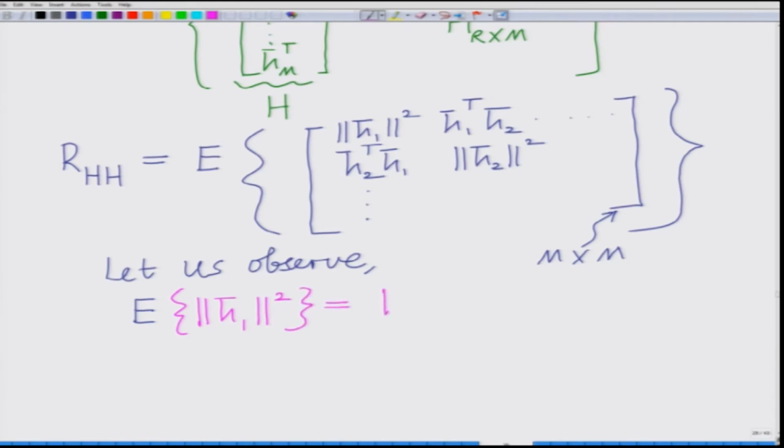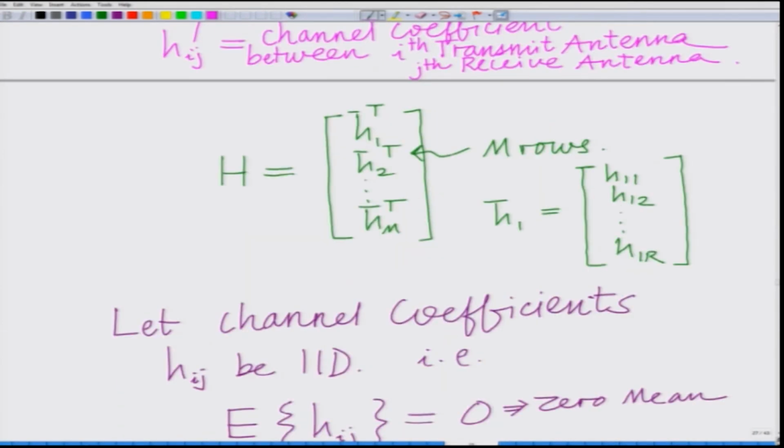This is the expected value of H11 square plus H12 square plus so on up to H1R square, where H1 bar is the vector we have already specified.